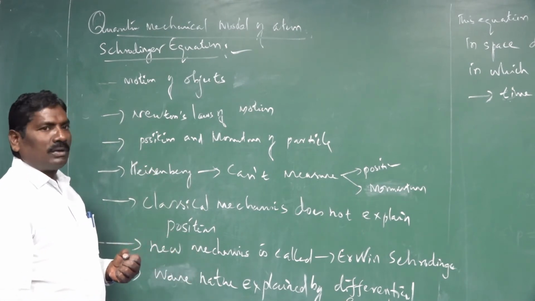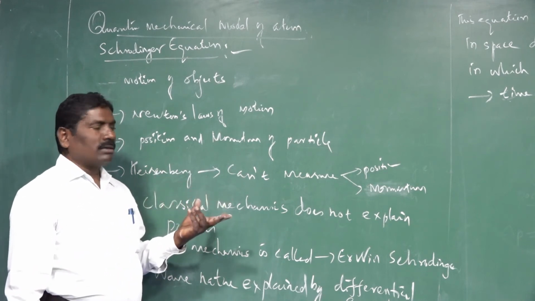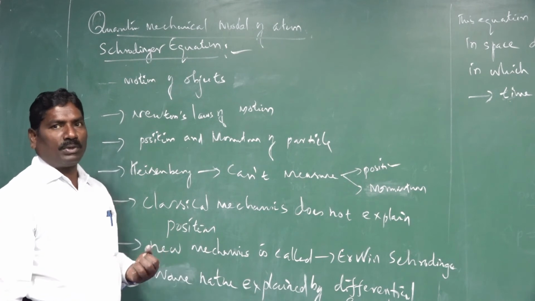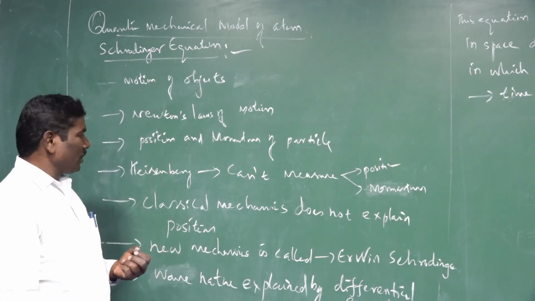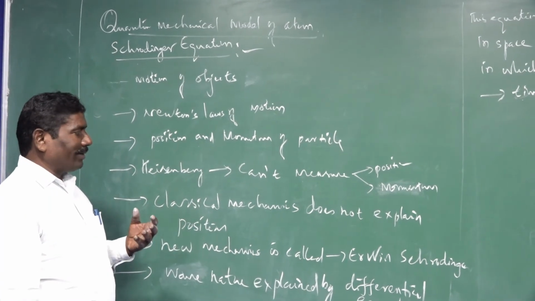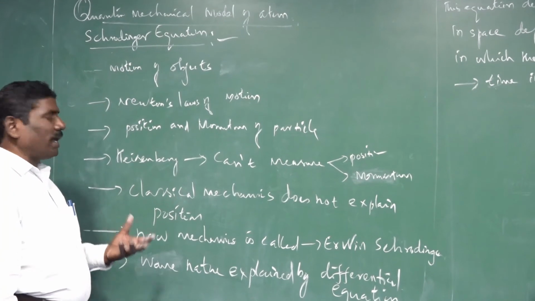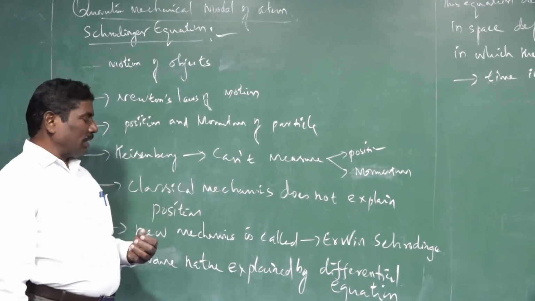But Heisenberg also says we cannot measure the position and momentum of particles simultaneously, and classical mechanics does not explain this.